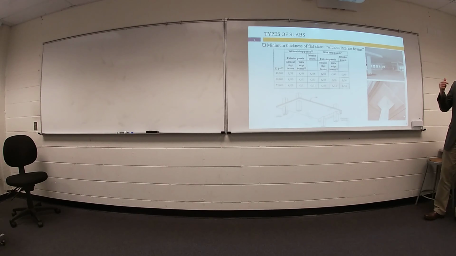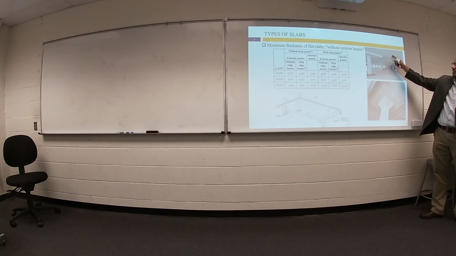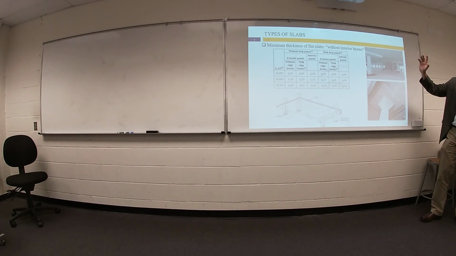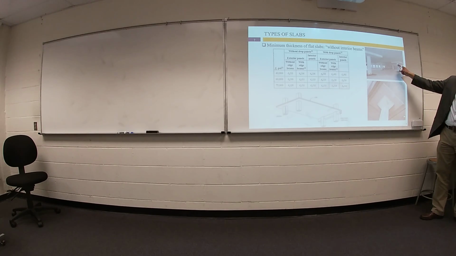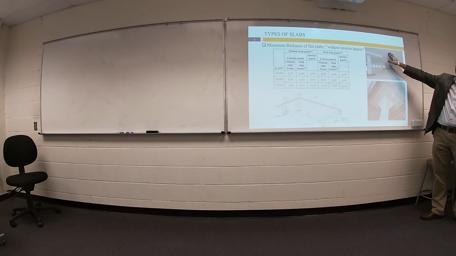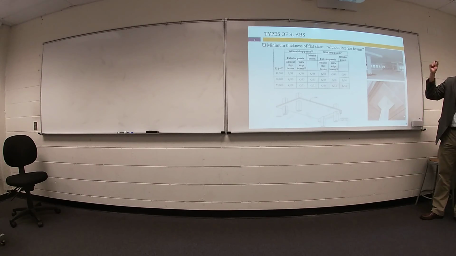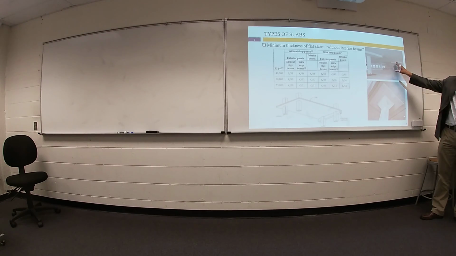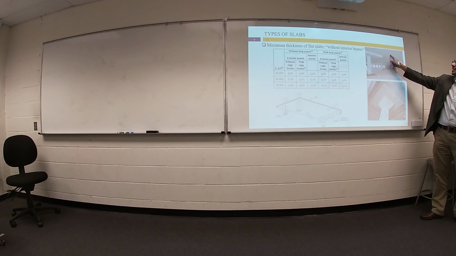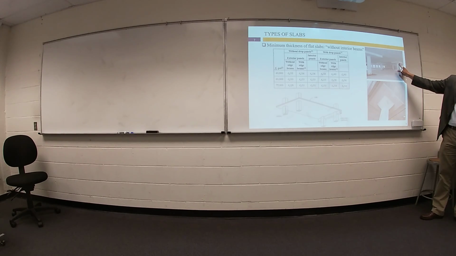So do you think I need to increase the thickness of the slab for the total area? No, I just have a concern at this location. Maybe I have another option. I will keep the thickness 4 inch, and I will increase only the thickness of your slab at the area of your column. If you do this, that means we have a flat slab with something called drop panels.